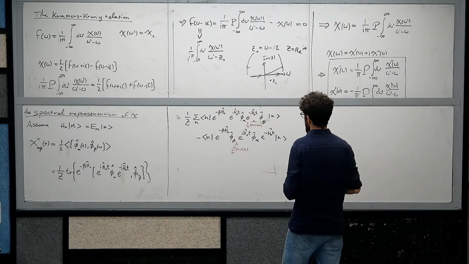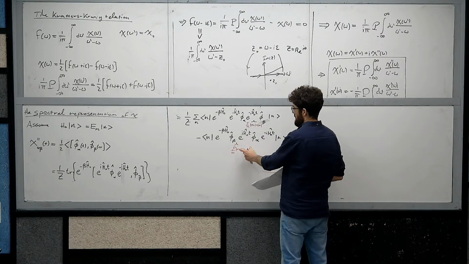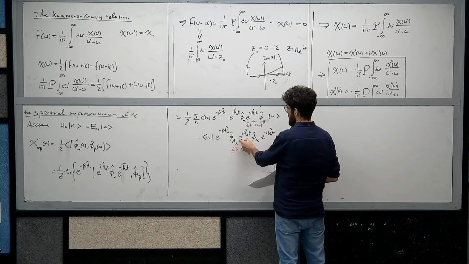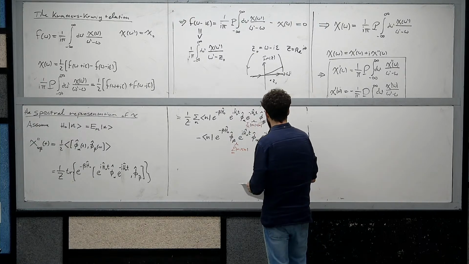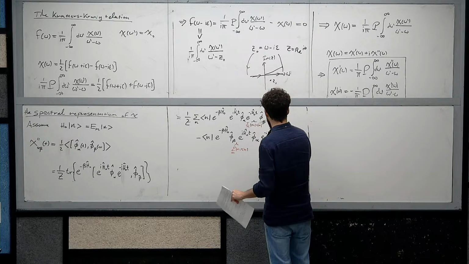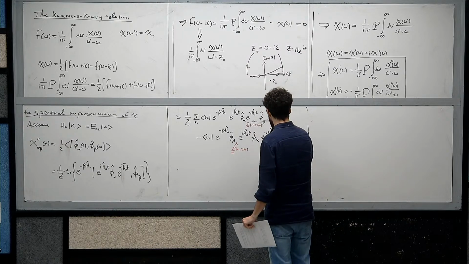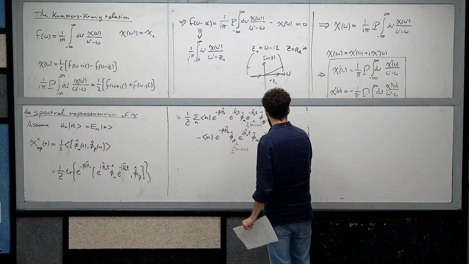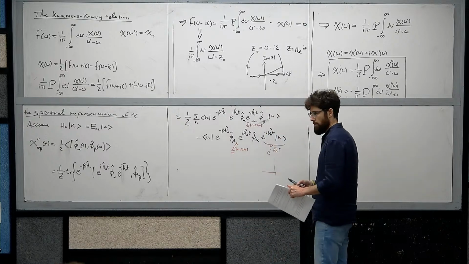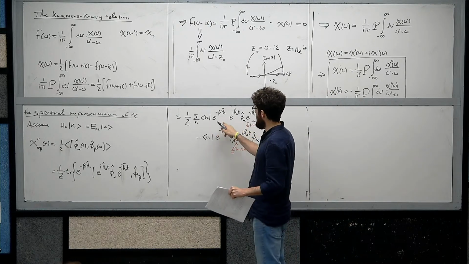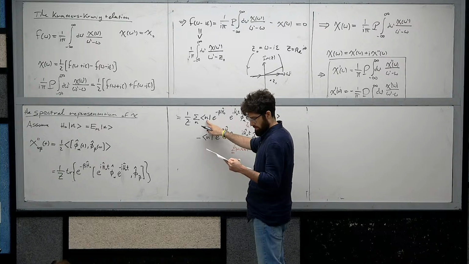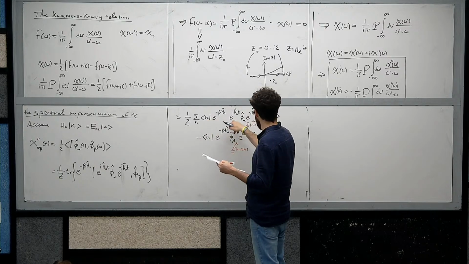Now the point is that by doing this, I can act with these e's. So here, this guy, for example, gives me e to the minus E_n t. Right? Yes. And these guys here will give me the same thing.